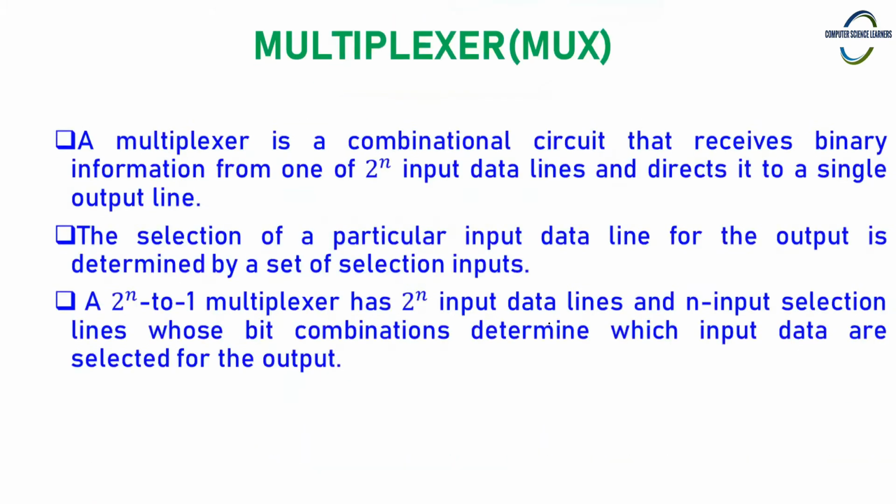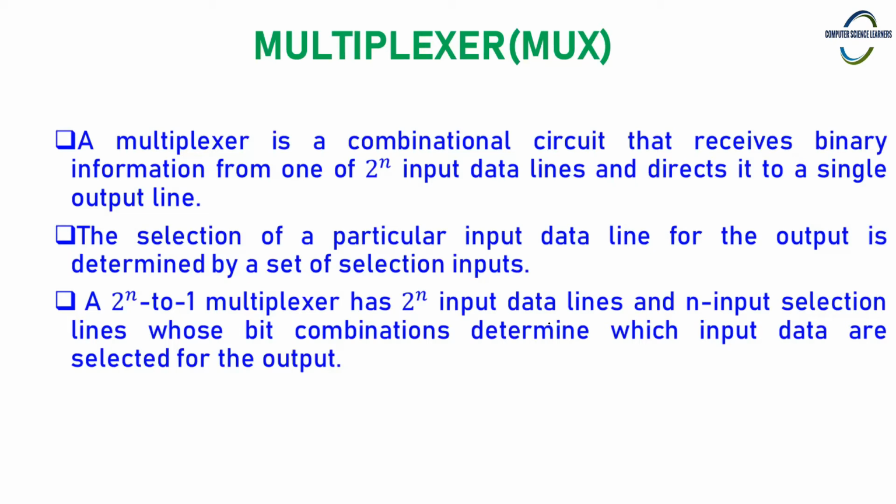First of all, what is a multiplexer? It is a combinational circuit that receives binary information from one of 2 raised to the power n input lines, and one of these inputs will be directed to a single output line. So it is a 2 raised to the power n cross 1 multiplexer.